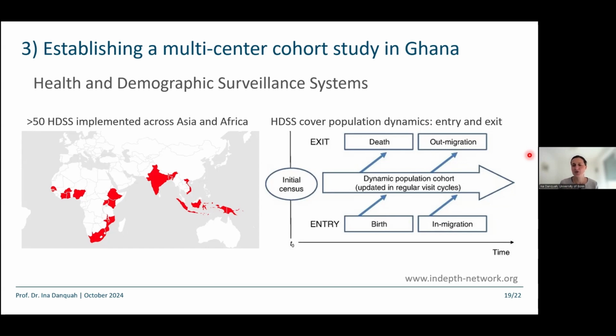That's what is shown here on the bottom, as well as the number of individuals who died or left the household, so out migration. And because there are these systems established, households are well known as well as their basic characteristics. And this has really helped us to identify and still keep in touch with the households who were part of this IPTI project 20 years ago.